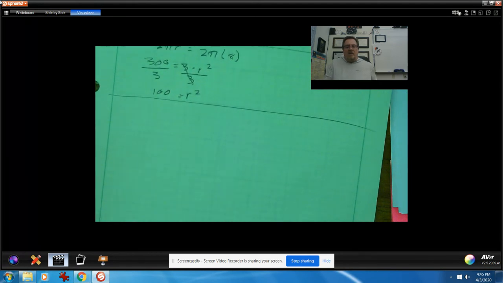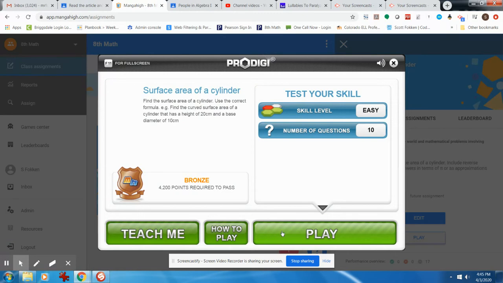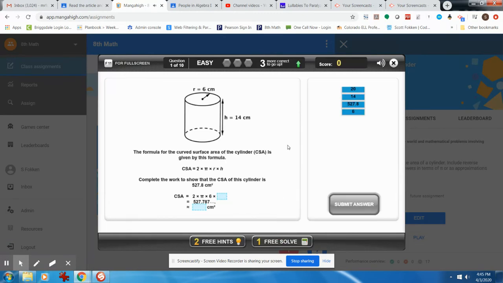All right. Let's look at some questions real quick to see what they look like on Manga High. This one says, complete the work to show that the curved surface area of this cylinder is 527.8.